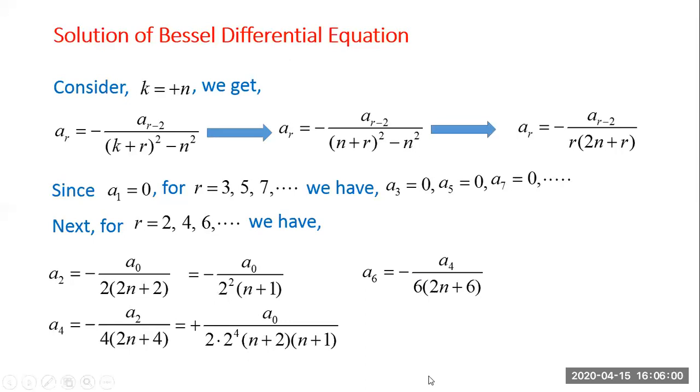So 4 can be written as 2 square, and this 2 power 4 becomes 2 power 6. And remaining 3 into 2 is 6, so that is written as 3 factorial. And we have a0 divided by, from this I get n plus 3 and n plus 2, n plus 1 as it is.